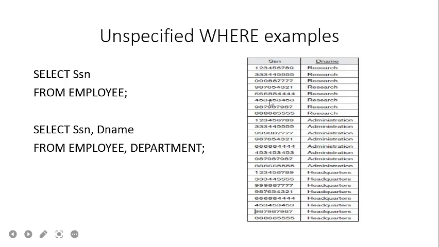So for 8 employees we'll have research as the department name, for 8 employees we'll have administration, and for 8 employees we'll have headquarters. This is the result of select SSN comma D name from employee comma department, and here there is no where clause. So this is a cross product of employee and department, and we will be selecting SSN and D name only.